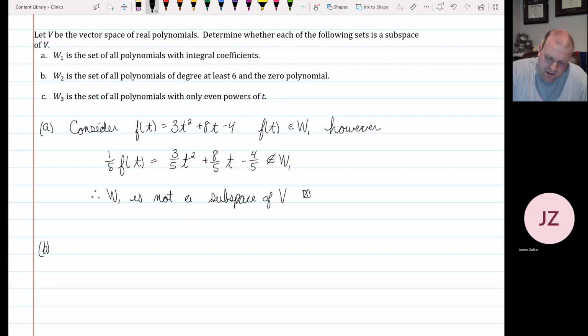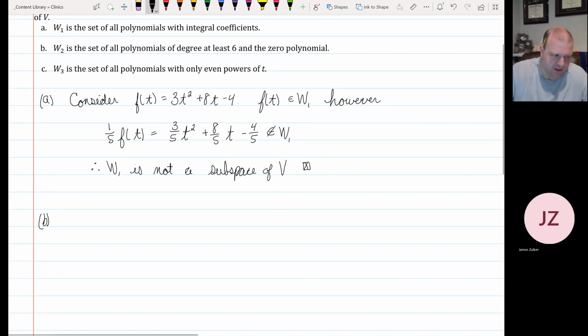Right, so W2 is the set of all polynomials of degree at least 6 and the zero polynomial. Well, we're told that the zero polynomial is in there, so the zero vector is clearly in W2.